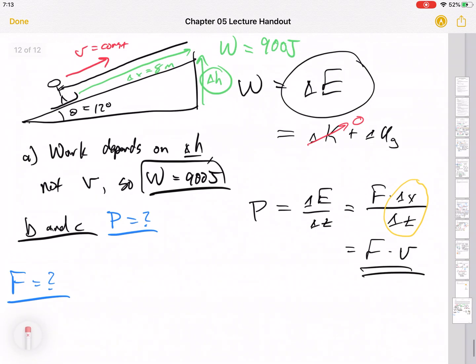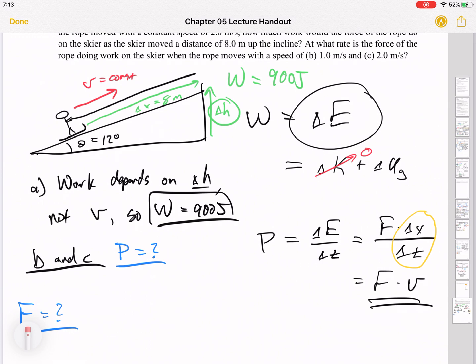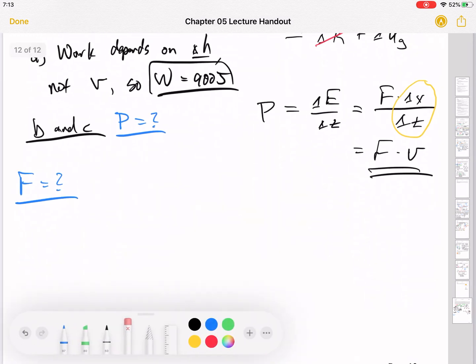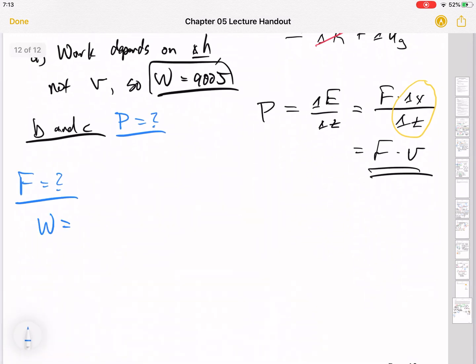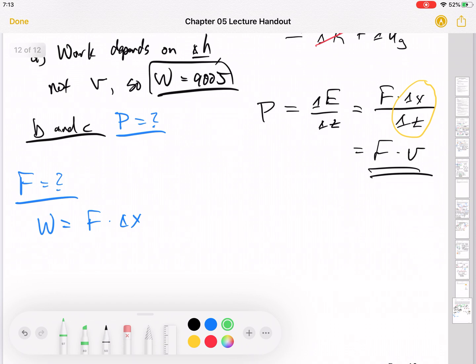Well, there are several ways to do this. One would be to draw a free body diagram and recognize that the force supplied by the rope has to match the x component of gravity. But there's an easier way, because work equals force over a distance, and I know the distance up the slope is 8 meters.